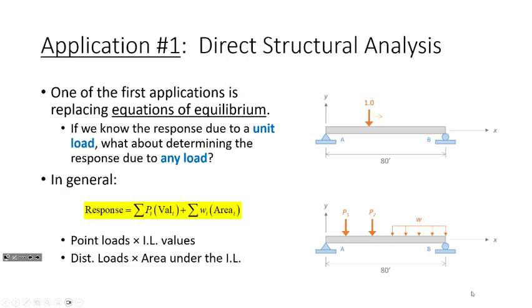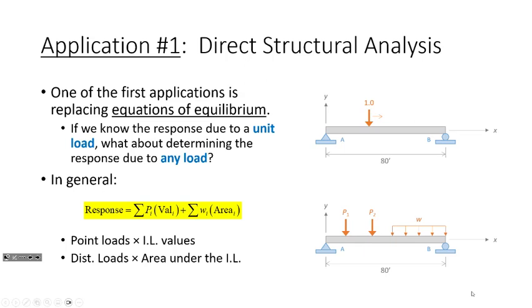Okay? And so in general, the idea is that if you have an influence line constructed for a given response, you can compute that response for really any load anywhere by taking the values of the loads, the concentrated loads, times the values of the influence lines, and taking the distributed loads and multiplying them by the associated areas of the influence lines.